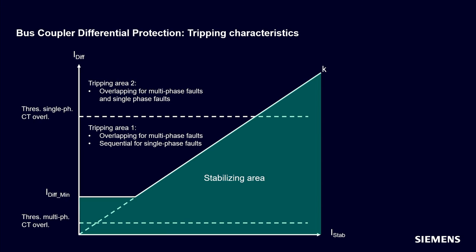This is what is meant by the lower dotted line. The upper dotted line is the threshold value for single phase faults. That means in the area between the two dotted lines, multi-phase faults are cleared in overlapping mode and single phase faults sequentially with bus coupler differential and end-fault protection. In the area above both dotted lines, all types are cleared in overlapping mode.